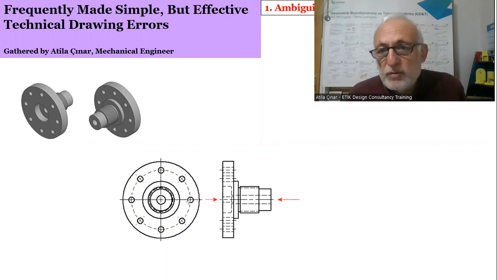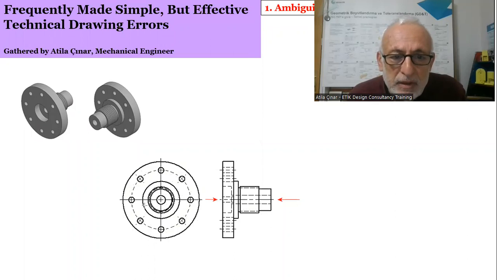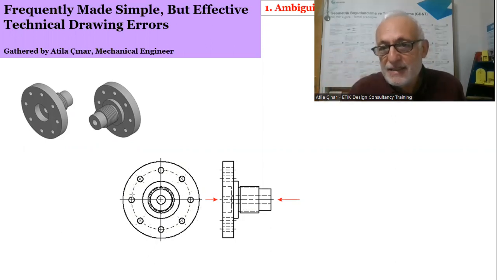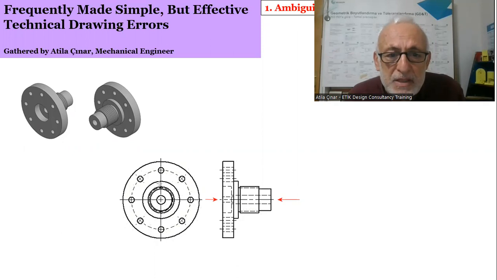There are some clues on the view, of course. For example, there is a bold line here, not a hidden line, a bold line. And this is a circle. So this is the outer line of a cylindrical feature.